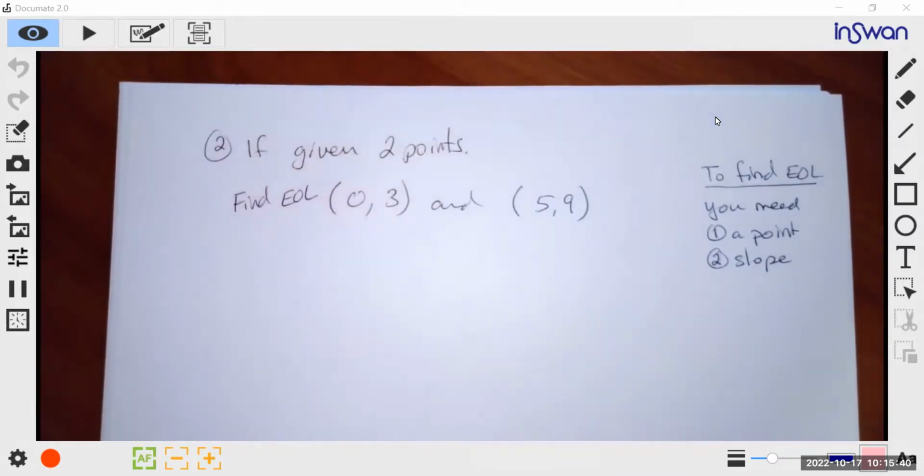To find the equation of the line, you need a point and a slope. Do we have those? What's the slope?